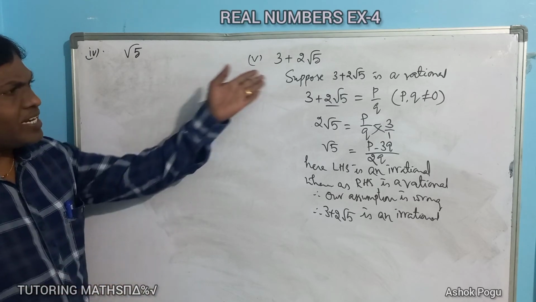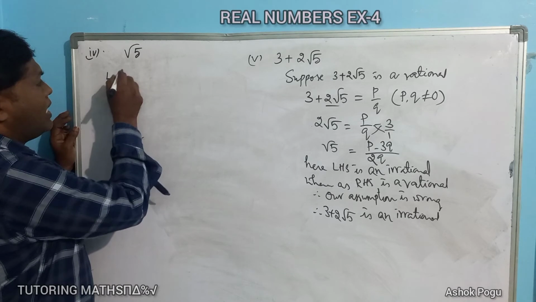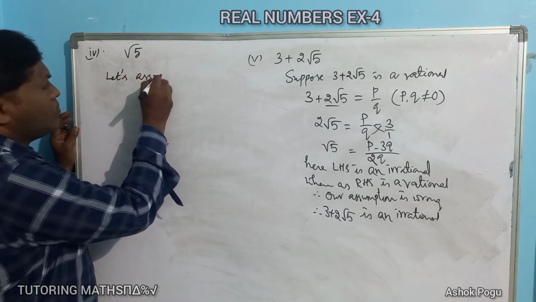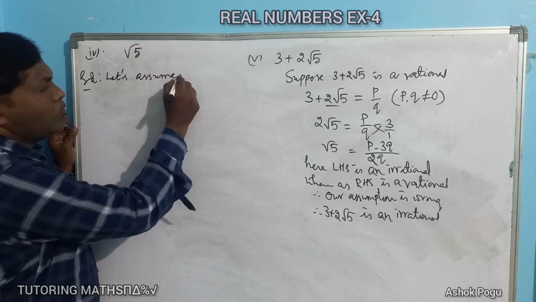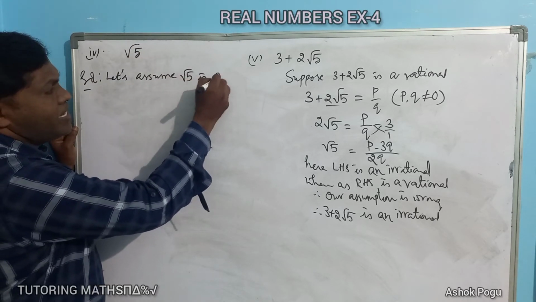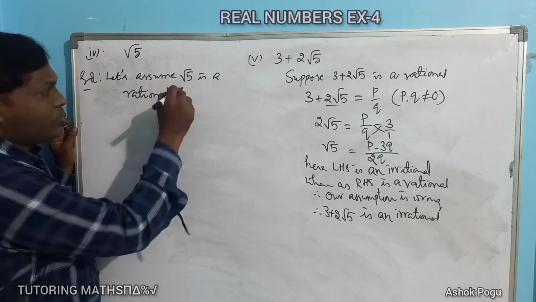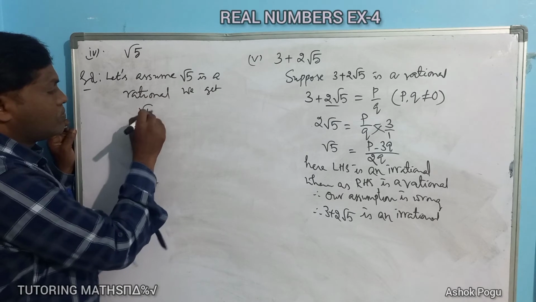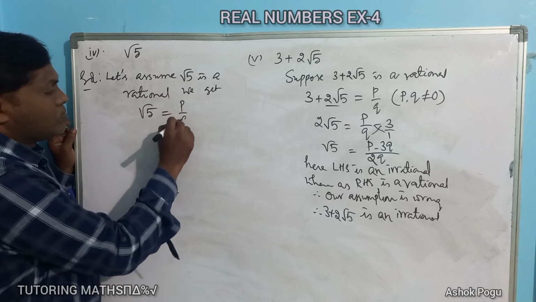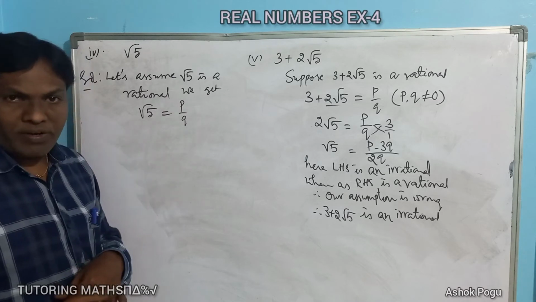So same, just like the previous question. For example, let's assume root 5 is rational. We get root 5 is equal to p by q, a rational number.